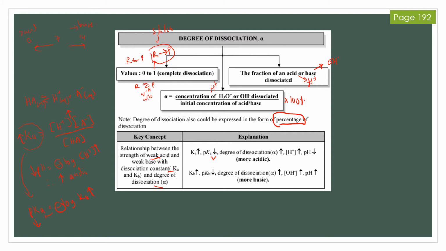If you have a Ka high, kat sini high value of Ka, meaning that most of the reactant being dissociated to form the H+. Diorang refer a forward reaction. And kita boleh cakap, most of the HA akan pecah, akan dissociate to form the two ion, H plus dengan juga A minus. So, the degree of dissociation will be high as well. Banyak yang dissociate, banyak yang terpecah, banyak yang terlerai. Okay? Itu refer kat sini.